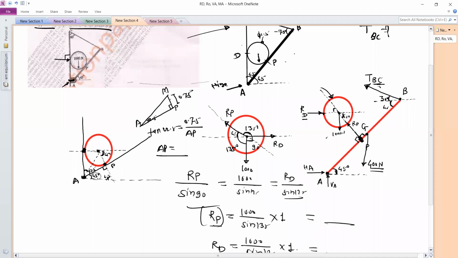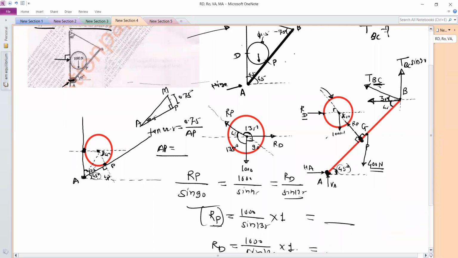Okay. Then you can resolve the force tension BC. So you have to find out this component, then this component. Okay. And then take the moment about A. So for this component, tension BC sine 30, and this tension BC cos 30. Perpendicular distance is not given. Okay, so by observing the angle 45 degree and this total distance AB, find out the perpendicular distance.